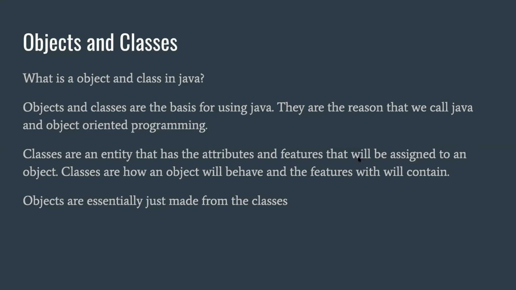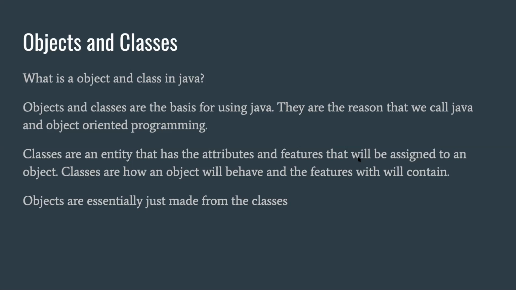Java is an object-oriented programming language. So that's why it's based on objects and classes. That's the main way that we are able to essentially do things in Java. So a class, you can think of it like a blueprint. When you write a class in Java, we usually put two things: attributes and methods.